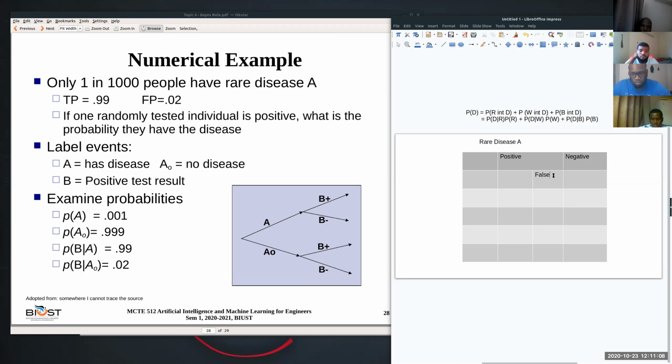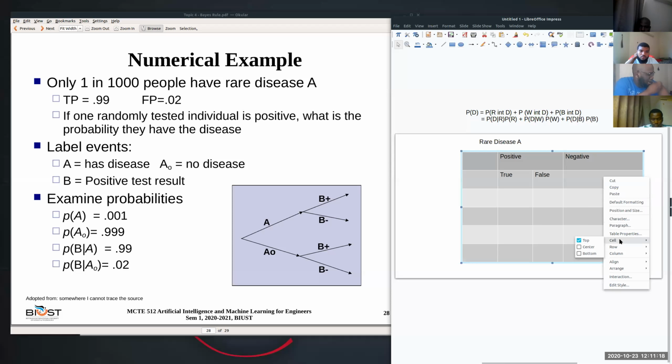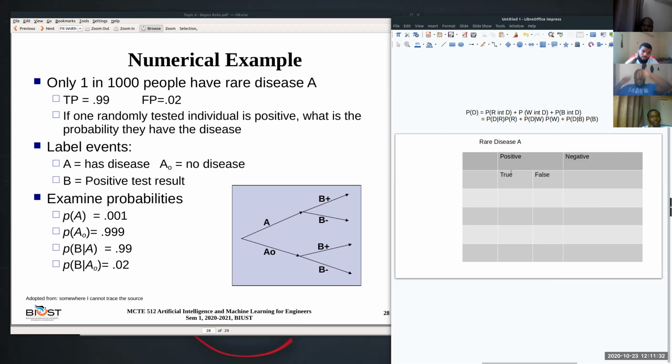Of course, on the negative side there will also be true negative and false negative. But what is the most dangerous part here? A false negative. Yeah, because you say it's negative, but actually you are positive. The true negative is fine, so we are only looking at this one.